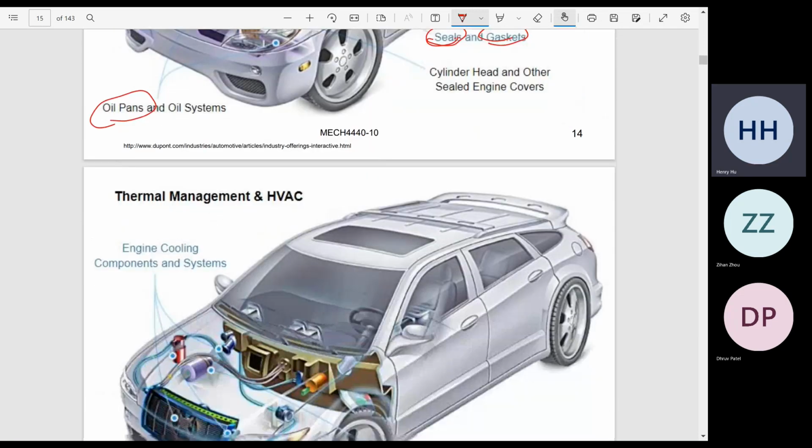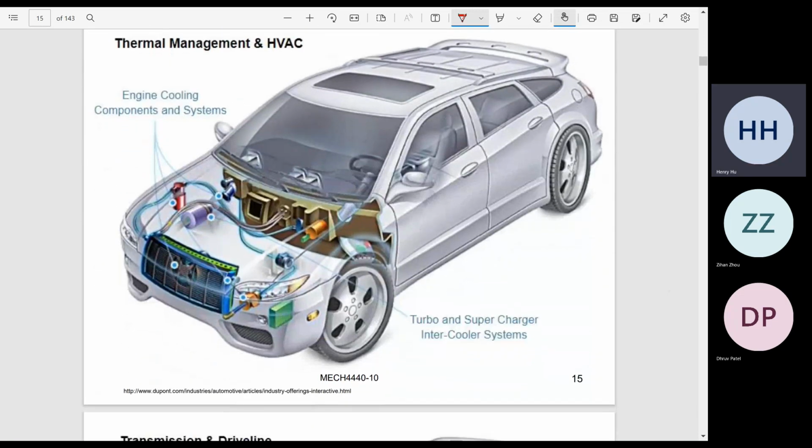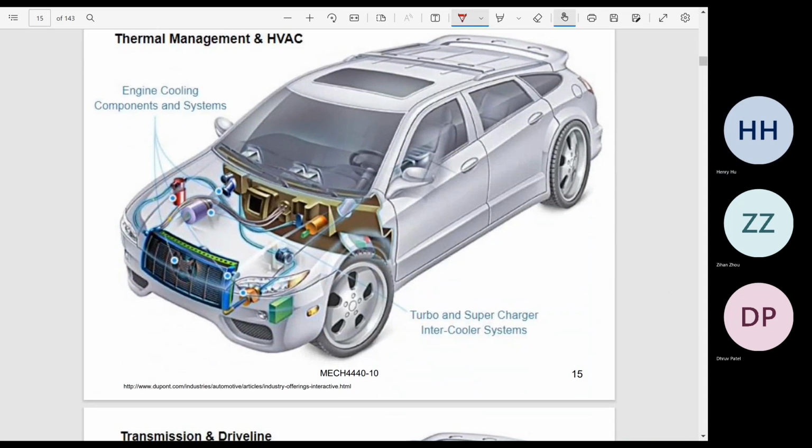Okay, and so for the thermal management, HVAC, and the cooling components, and the system. If you dismantle the vehicle, you will be able to see this whole piece is more or less made of polymer-based material.